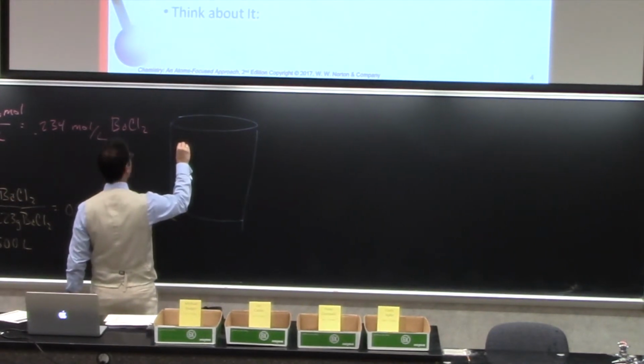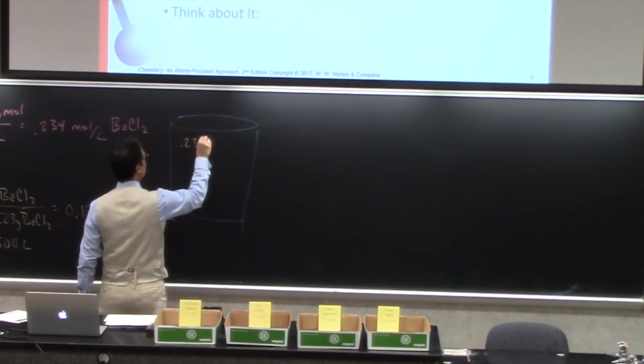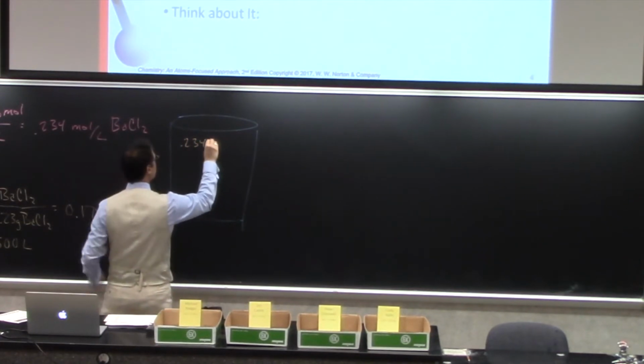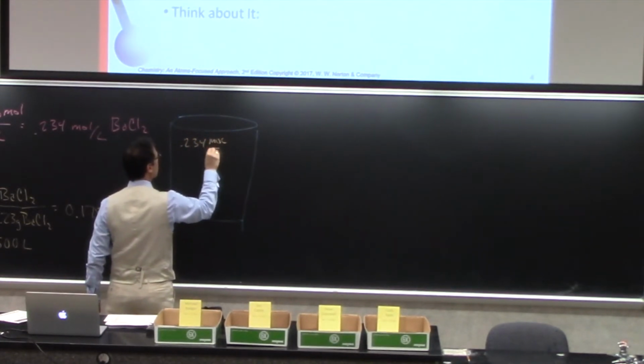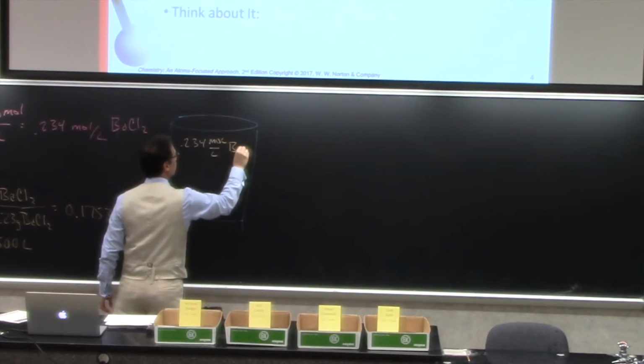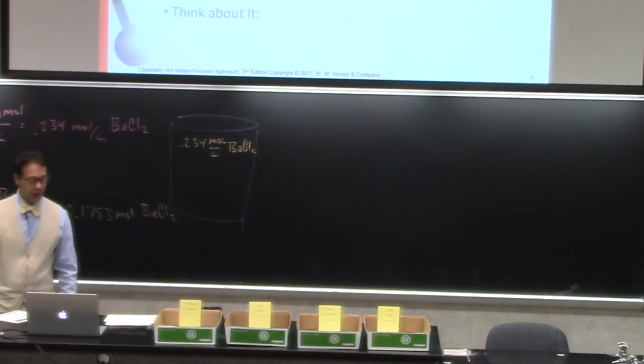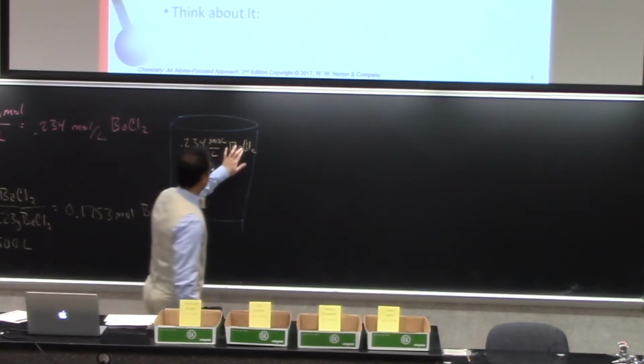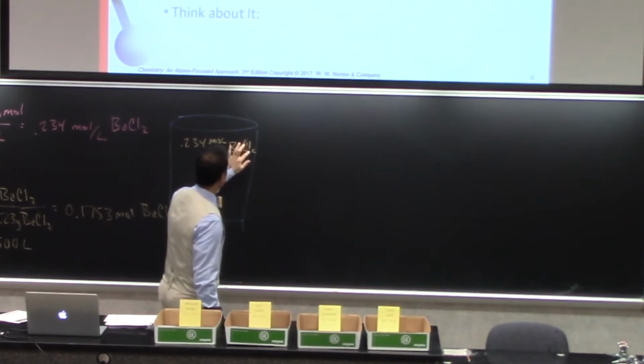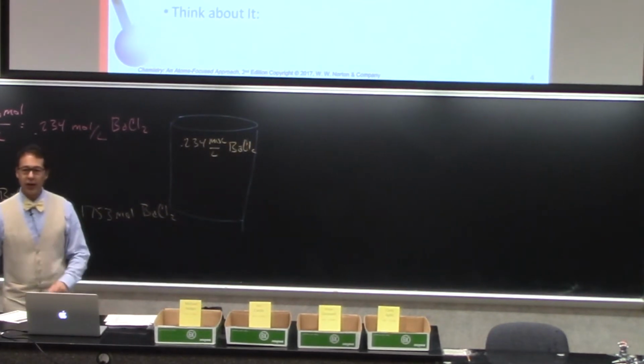So this is 0.234 moles per liter barium chloride. That's my concentration.